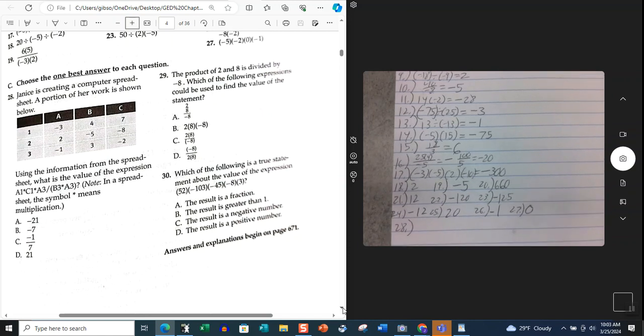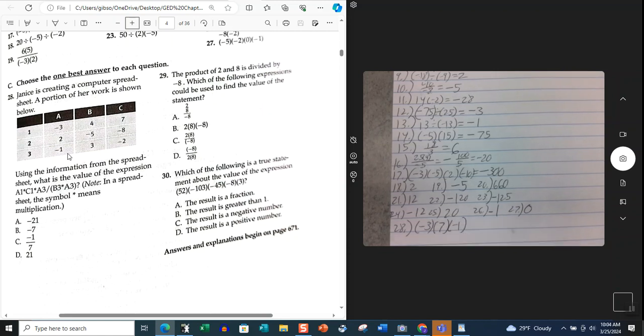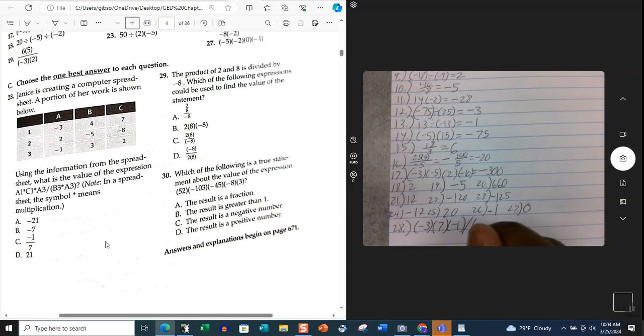For 28, we want A1. So A1 is -3. Then we have C1, which is 7. And then we have A3, which is -1. Now, divided by, in parentheses, we have B3, which is 3, times A3, which is negative 1.